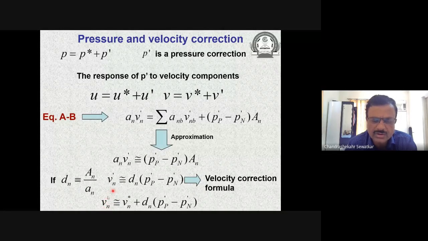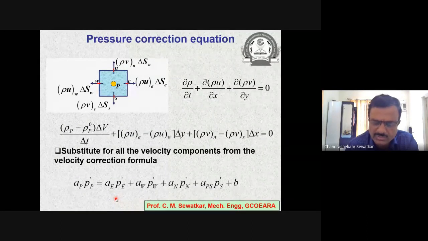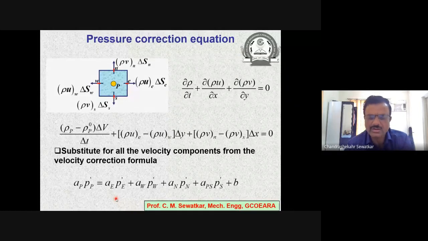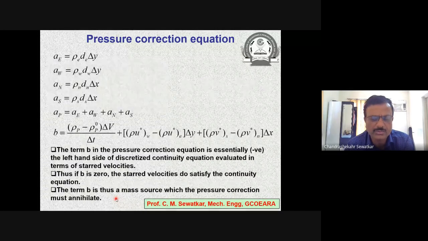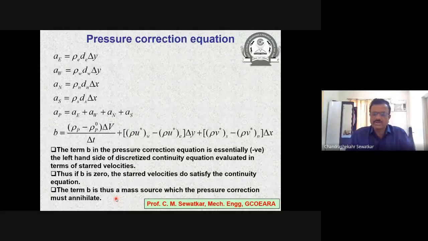And if this velocity satisfies the continuity equation, you have arrived at the solution. And whatever pressure correction you did is a correct pressure correction. Then P star plus P prime gives you the actual pressure and actual velocities in the flow domain. Thus, the term B must annihilate.